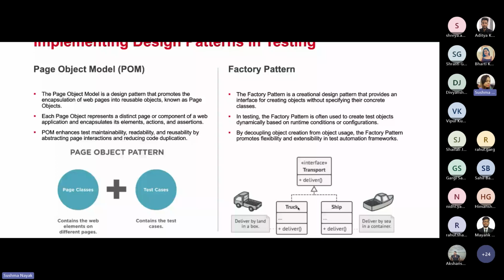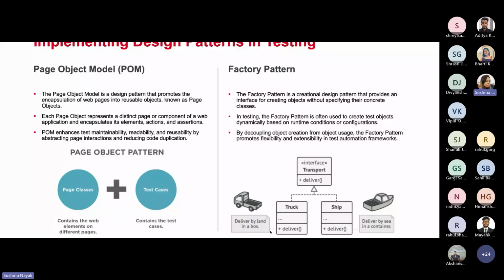So it's not like we'll only be calling this deliver function. The truck and the ship, these transportation modes, will be using this function, but they'll be modifying it a bit according to their use, like delivery by land in a box.